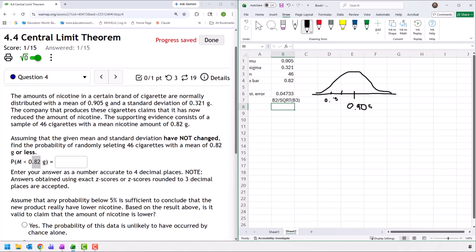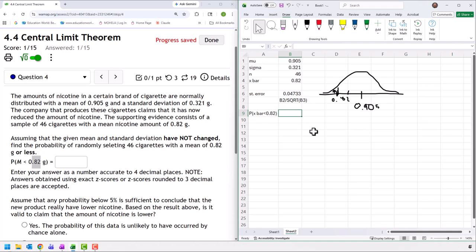So we're trying to find this area here. Pretty ugly, my penmanship. Anyway, so we have X bar being less than 0.82.